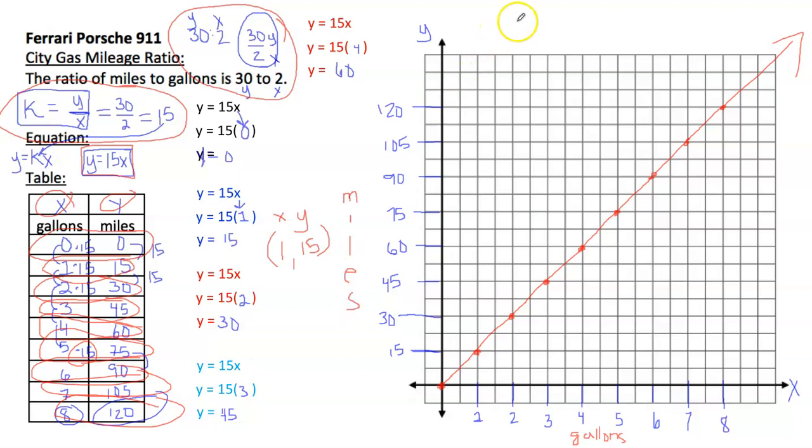And you can even put a title up here. So this would be gas mileage. Oops. Gas mileage. And you could be more specific, but it's taking me a long time to write this, so I'm just going to leave this gas mileage. And we're finished with this problem.